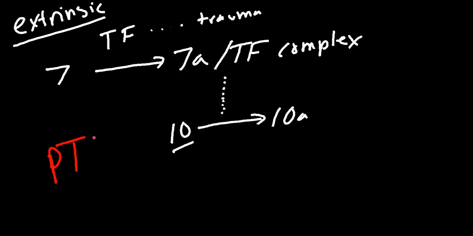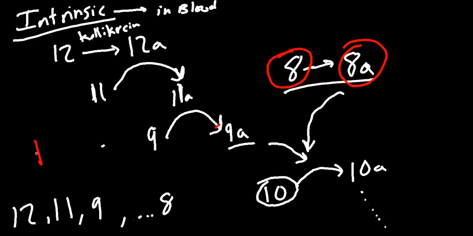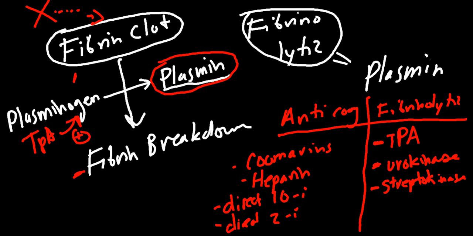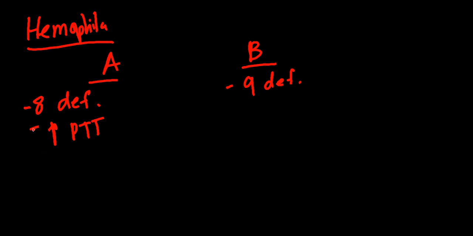So I'm going to write that in. PTT. And if you have a common pathway, it'll be PTT/PT. So keep that in mind. Maybe I'll touch on that in a little bit if we have time again.